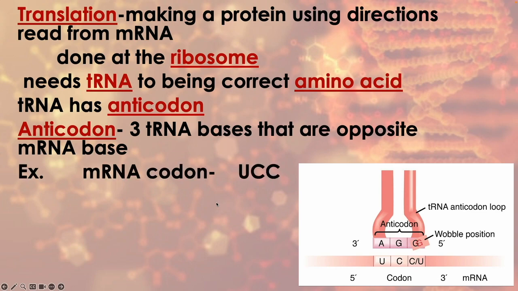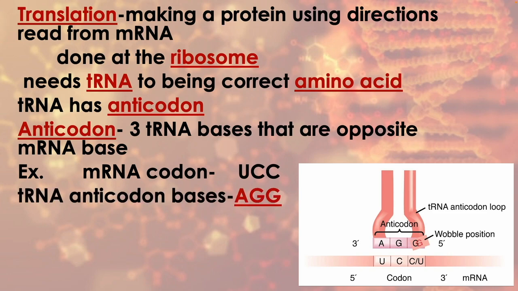It's like a puzzle. So if the mRNA codon is UCC, as it is in this picture, the anticodon bases would be AGG. Now, that becomes important because that ensures that the right amino acid is being brought in there so that it can attach to the protein.